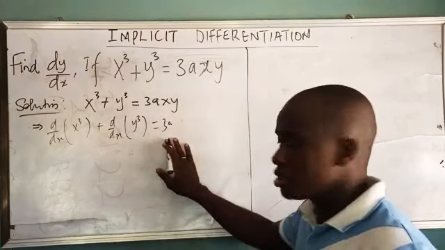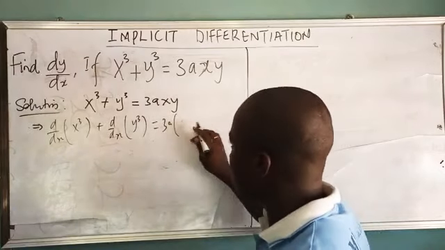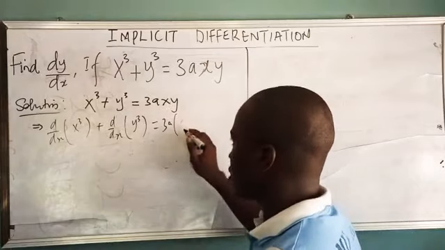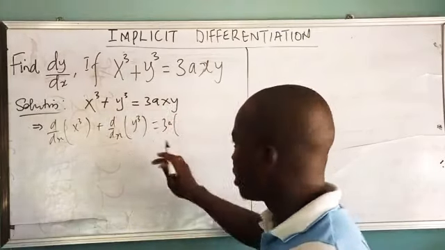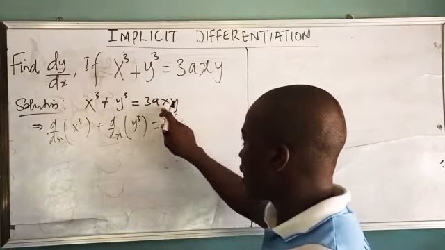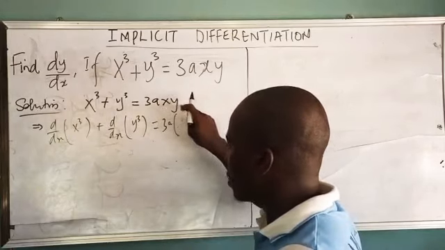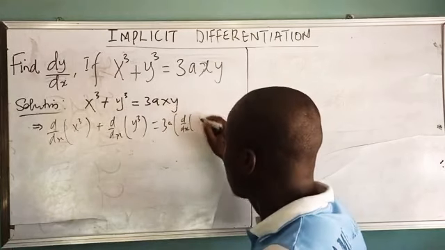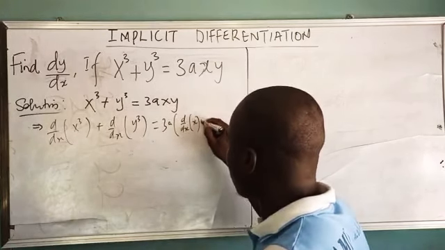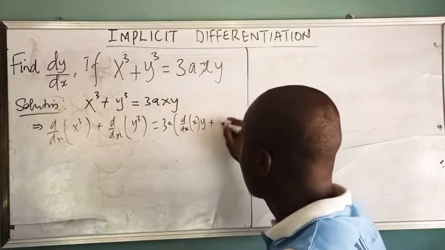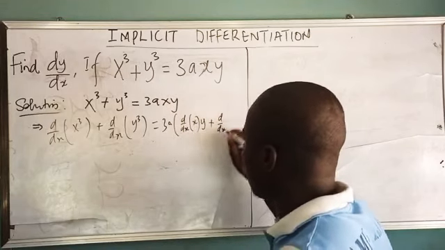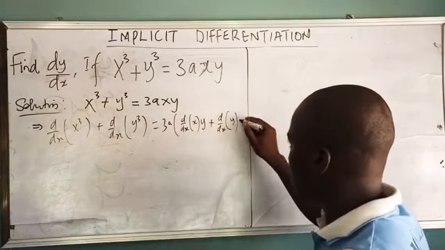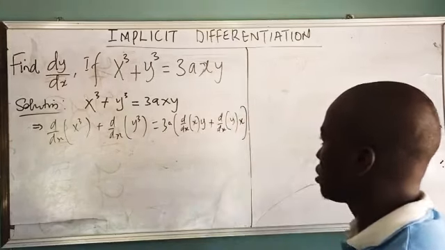3a, which is a constant, times brackets. Because we are going to use the product rule here, to differentiate x you keep y as constant, that is d/dx of x with y constant, plus d/dx of y with x kept as constant.